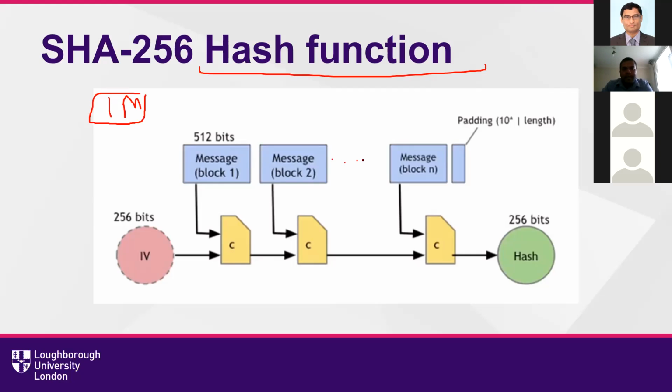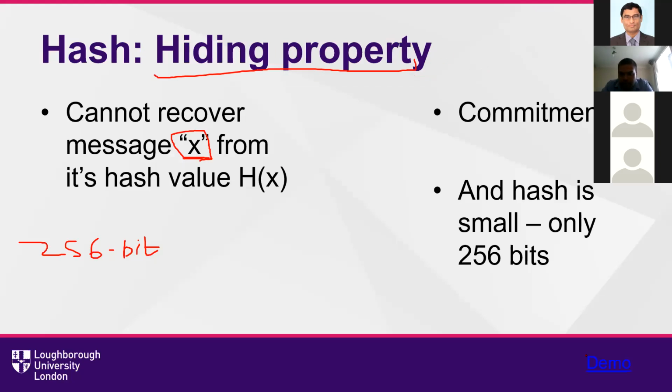You can have as many blocks as you want, and they go through a compression function over and over again, and finally output 256 bits. If you click here, you will go to a web link where a gentleman was kind enough to build an online portal where you can test this. Let me do that for you.